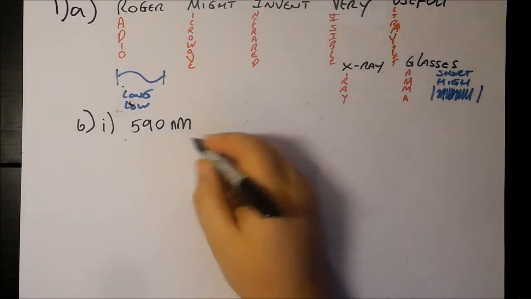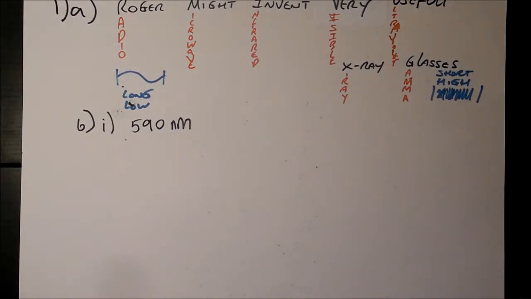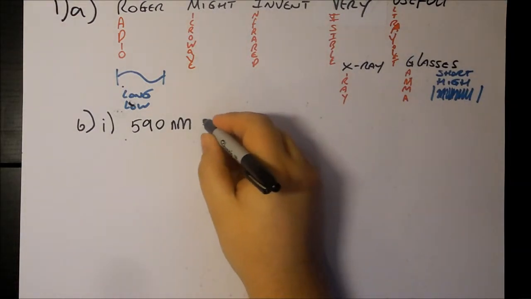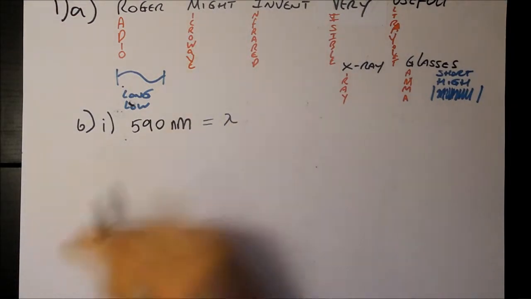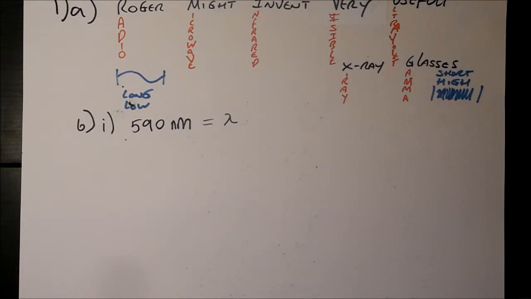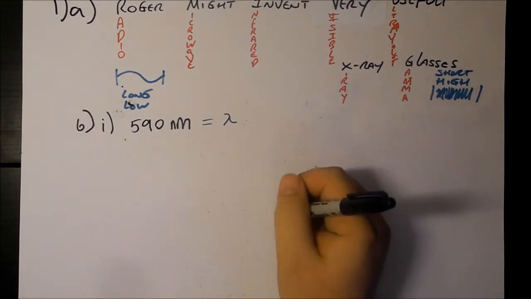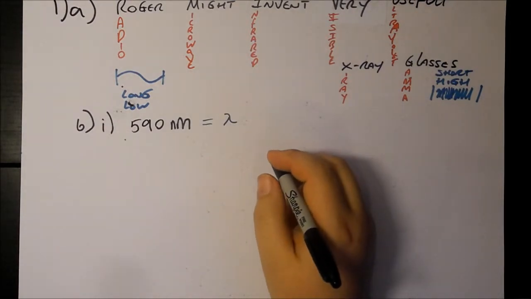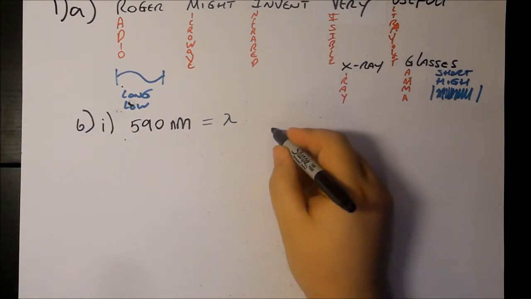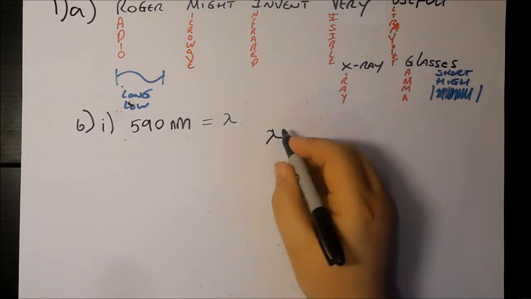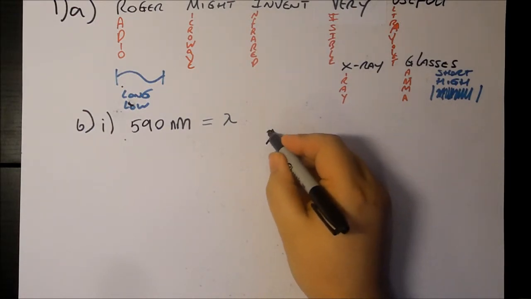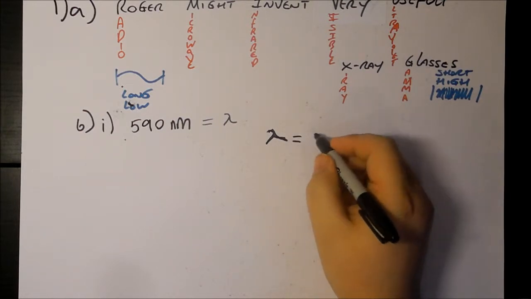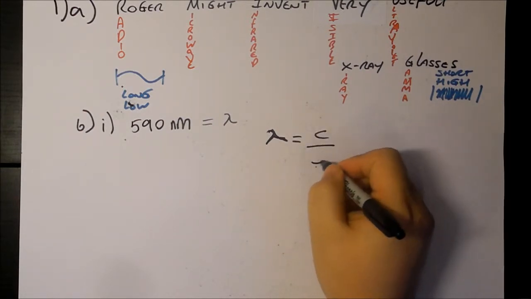So 590 nanometers. Now I wrote it down. Really I should have put what units it is. Wavelength we mark as lambda. Now for this we're looking at the frequency we want. For this we need the wave equation, which is wavelength equals speed of light over frequency.